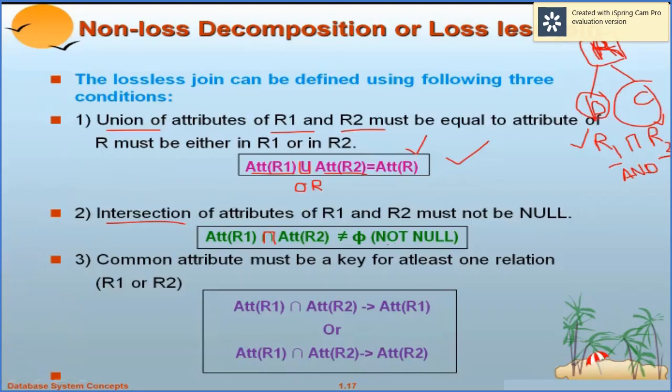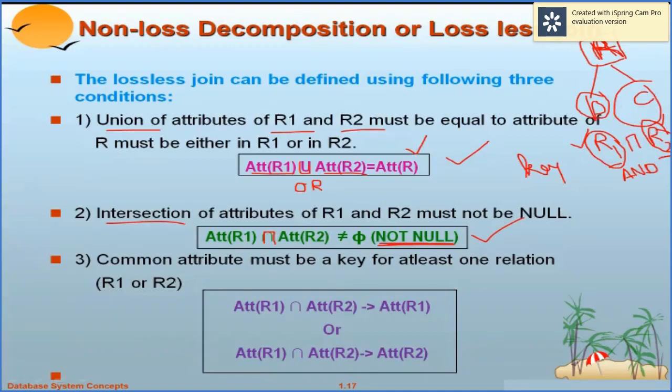It should be under a not null condition, because between R1 and R2 you have one attribute in common. What is that attribute? That is a key attribute. This key attribute is acting like a primary key in relation R1 and a foreign key in relation R2. In that case, the value should not be equal to null. If you get a null value, it means there is no common attribute between R1 and R2. This is one more condition that has to be satisfied.